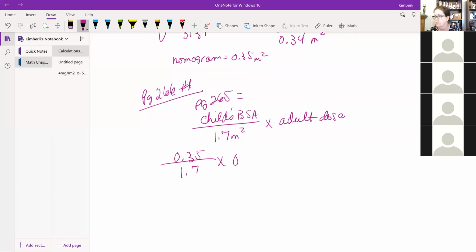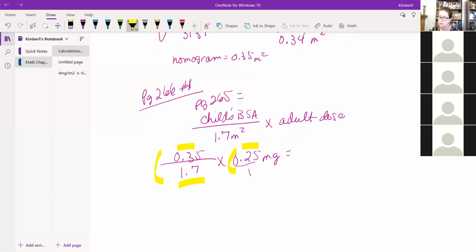0.25 milligrams. Okay, so when you're doing a calculation where you have a fraction and you have a number that's not a fraction, it's assumed that the number that's not a fraction is over 1, right? So you can do the top times the top and then divide by the bottom.